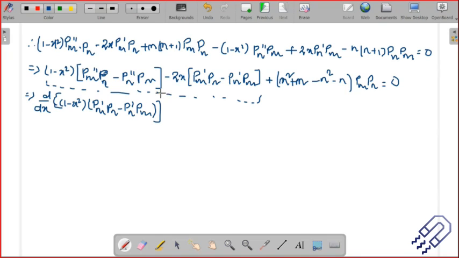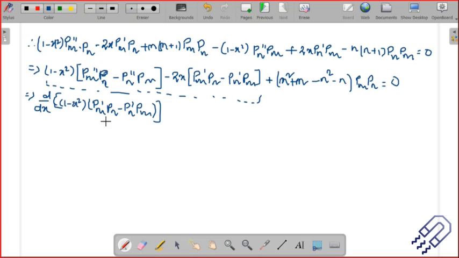Both these terms can be written together. If you expand it by using the product rule, one term you'll get is minus 2x of Pm dash Pn minus Pn dash Pm, so you're getting this term. And the other term would be 1 minus x square into d/dx of this.